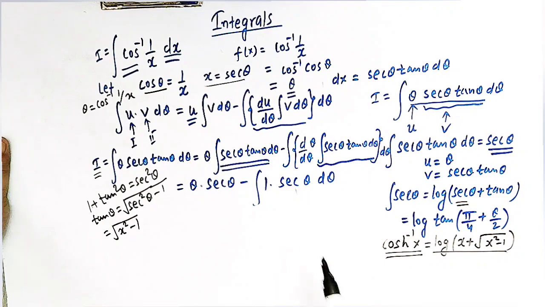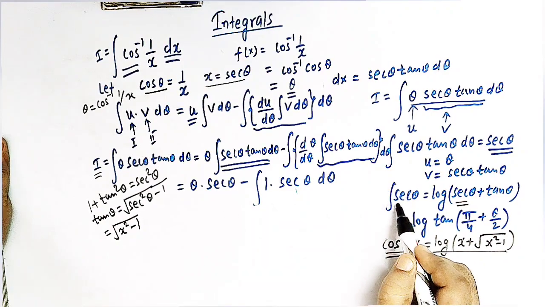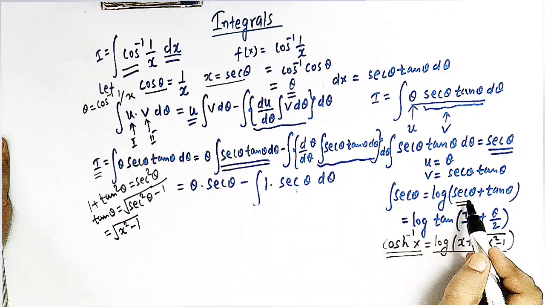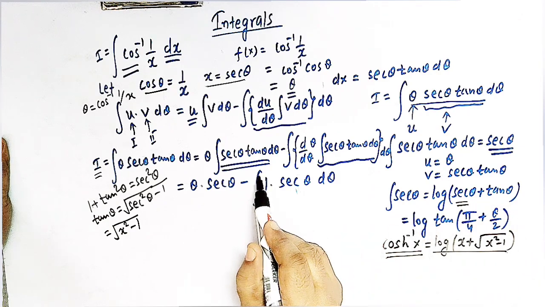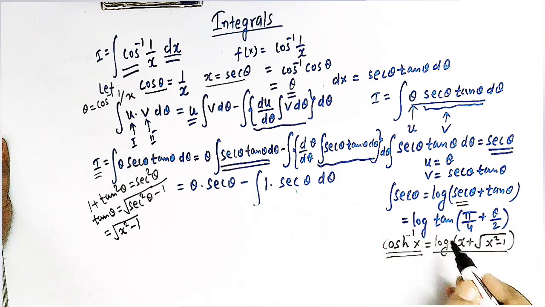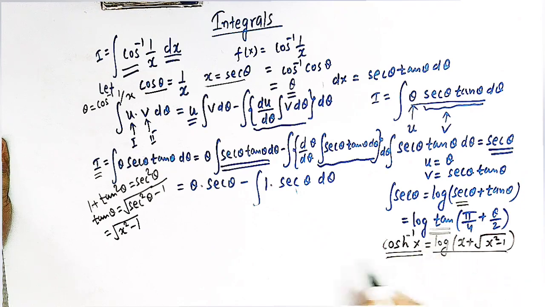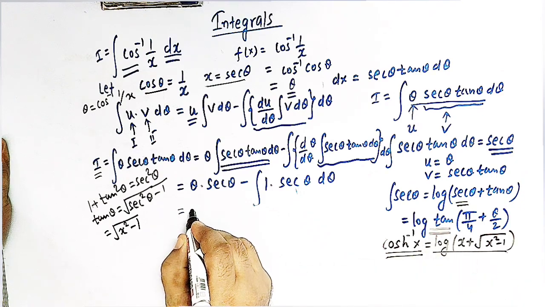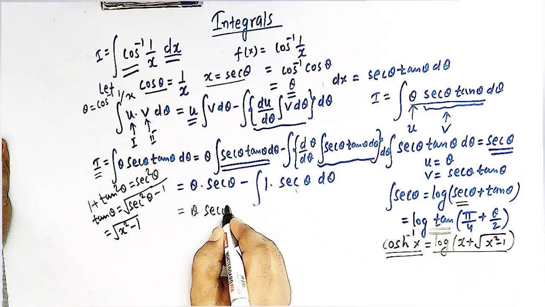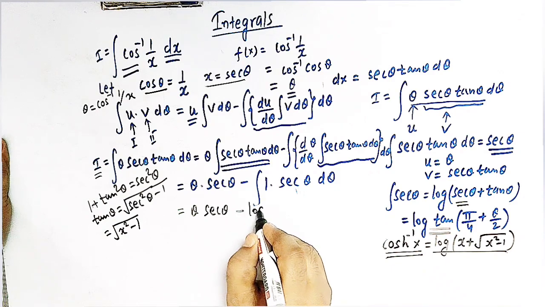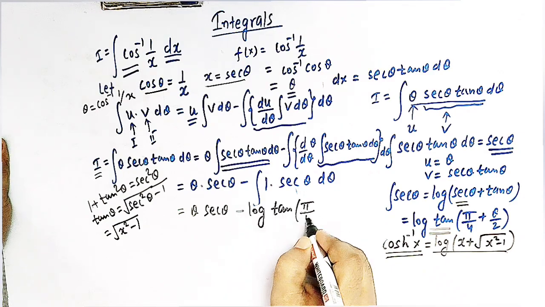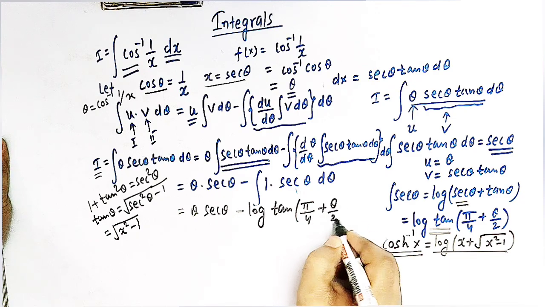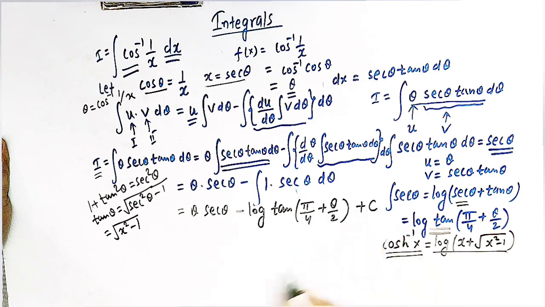So viewers, if instead of taking the integral of secant theta as log secant theta plus tan theta, we would have taken the integral of secant theta d theta as this term, then we would have theta secant theta minus a log of tan of pi by 4 plus theta over 2 plus c, right?